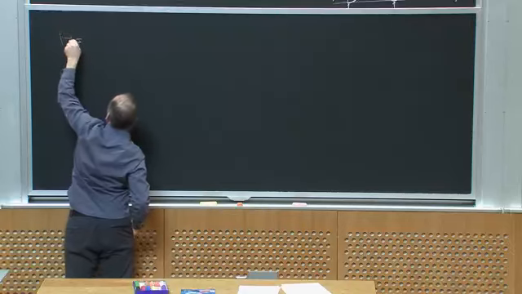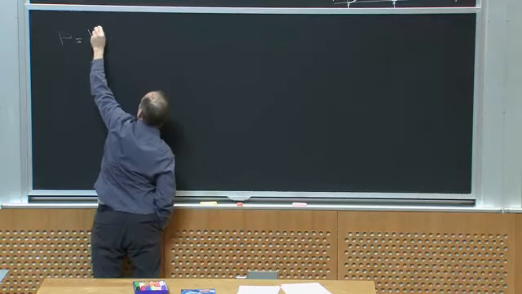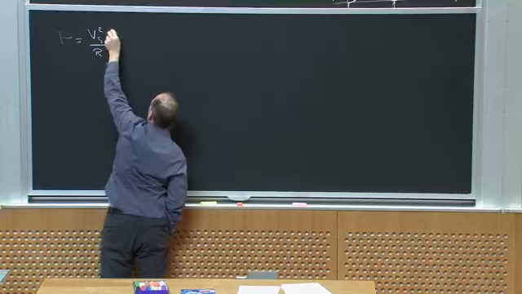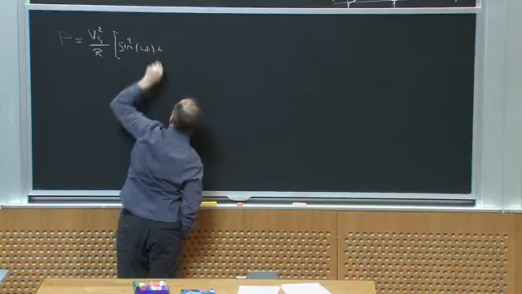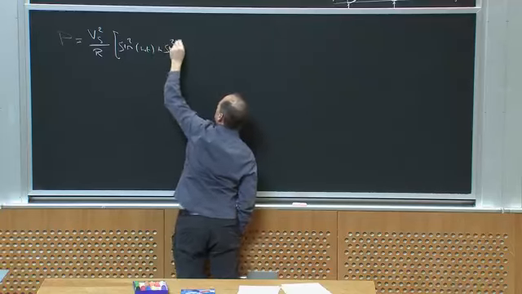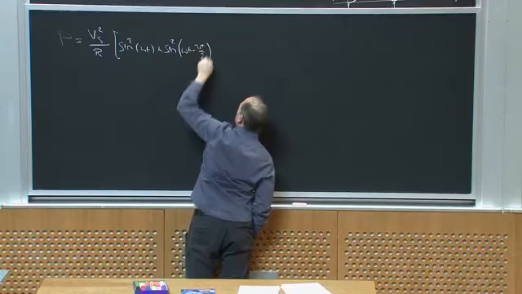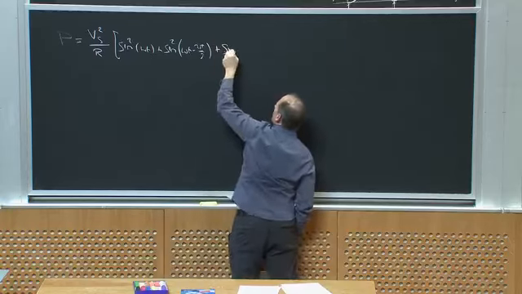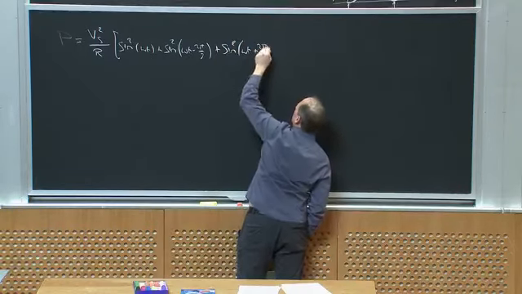The power in this case is going to be equal to Vs squared over R times sine squared of omega t, plus sine squared of omega t minus 2 pi over 3, plus sine squared of omega t plus 2 pi over 3.